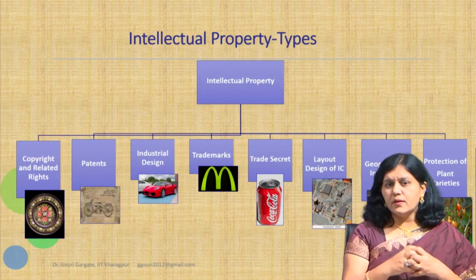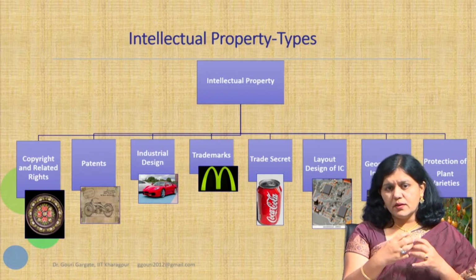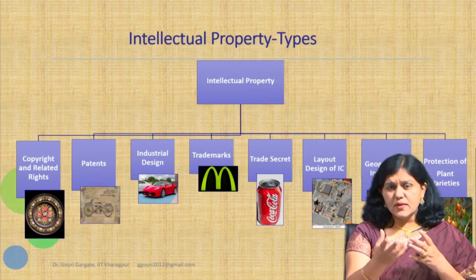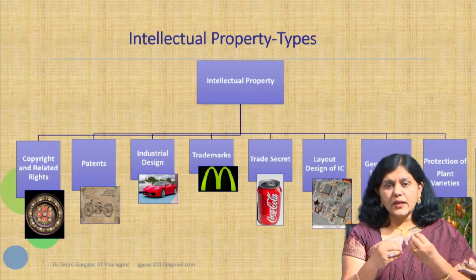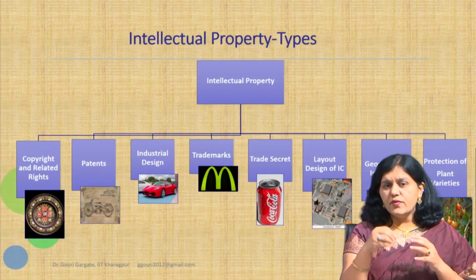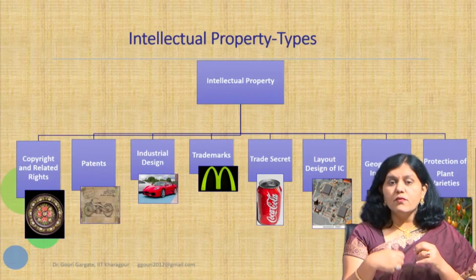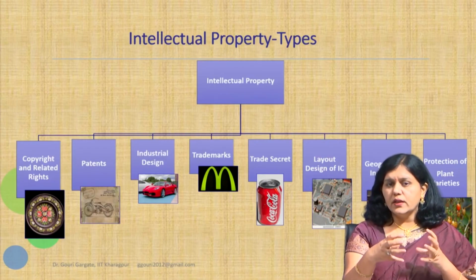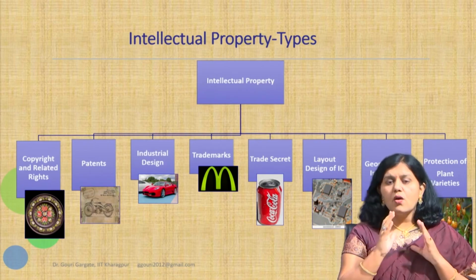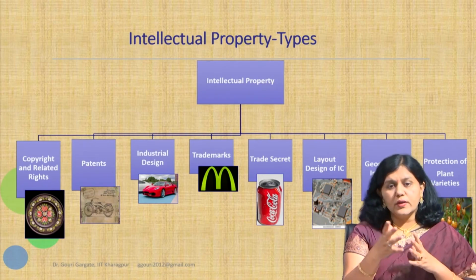It can be a process, a customer list, or certain kinds of activities. All these things that give value to the business are called a trade secret. Coca-Cola is the most hyped and best known example of a trade secret.